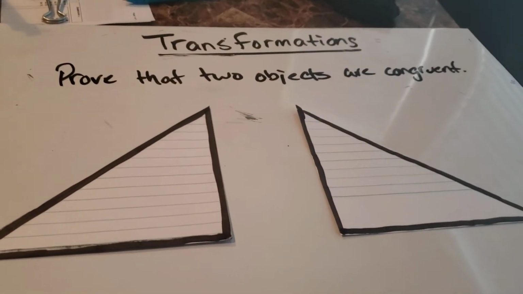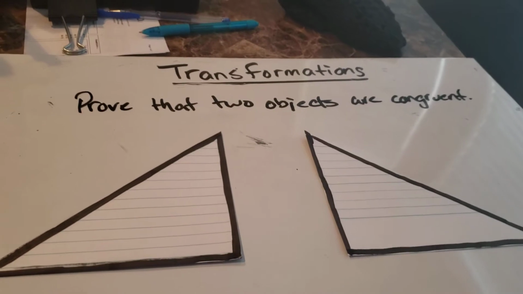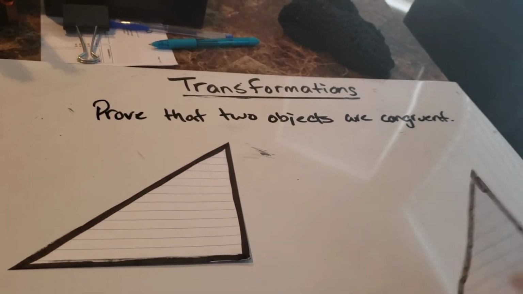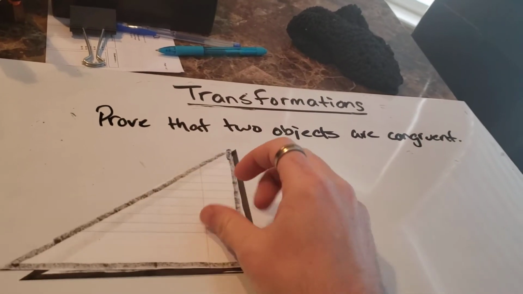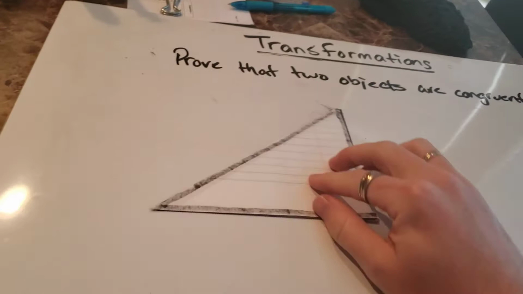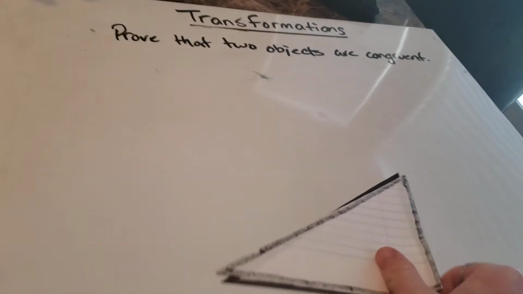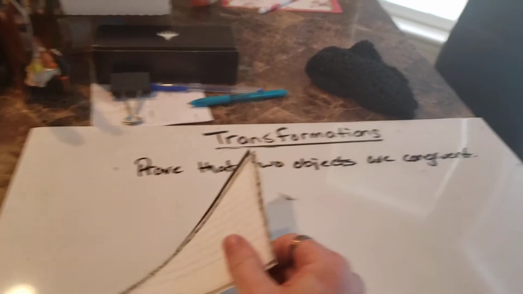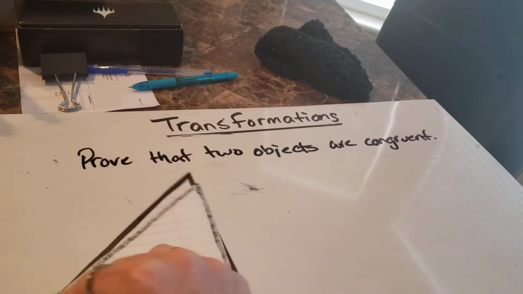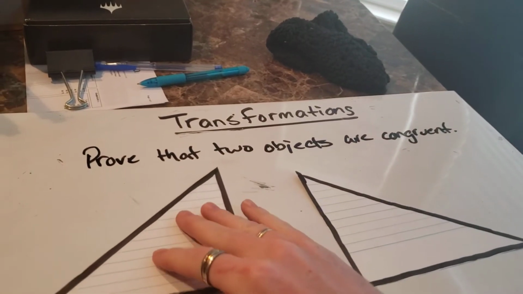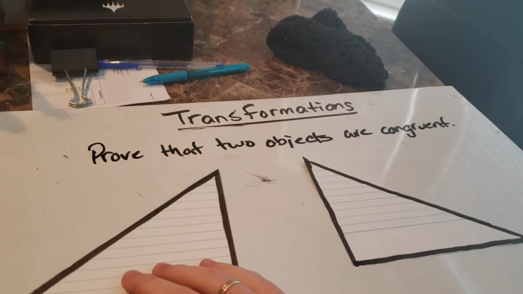But there's a way we can prove congruency. If you can get two objects directly on top of each other, and they appear to be the same exact shape, then they are congruent. We've proved they're congruent. So we're going to use some very specific motions to prove congruency.